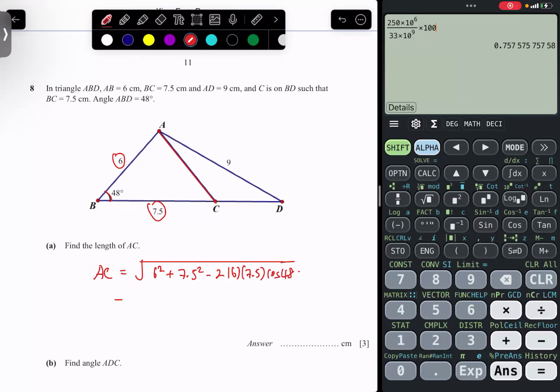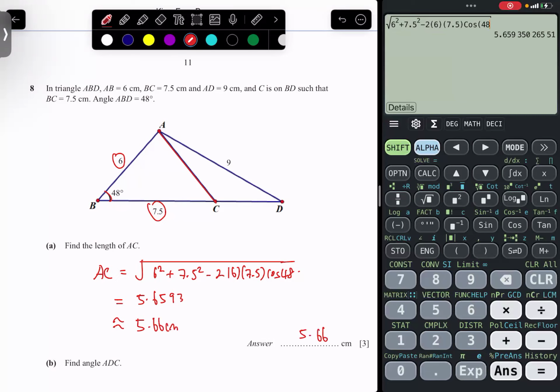Just key it into the calculator. So, 5.65993, or 5.66 cm.